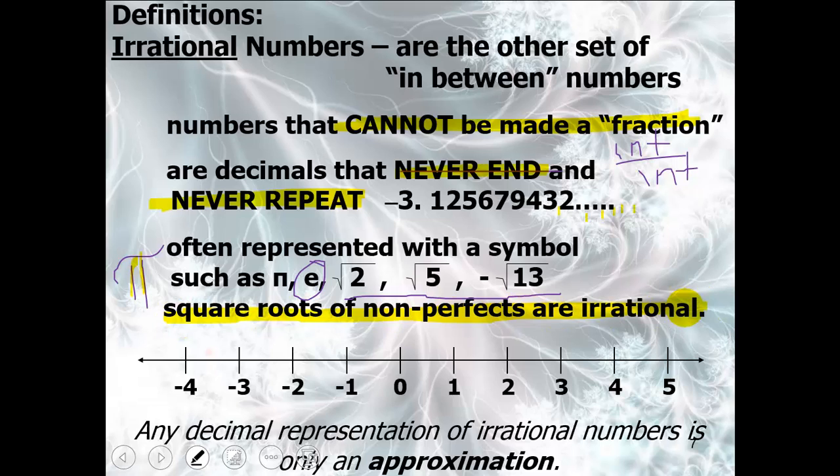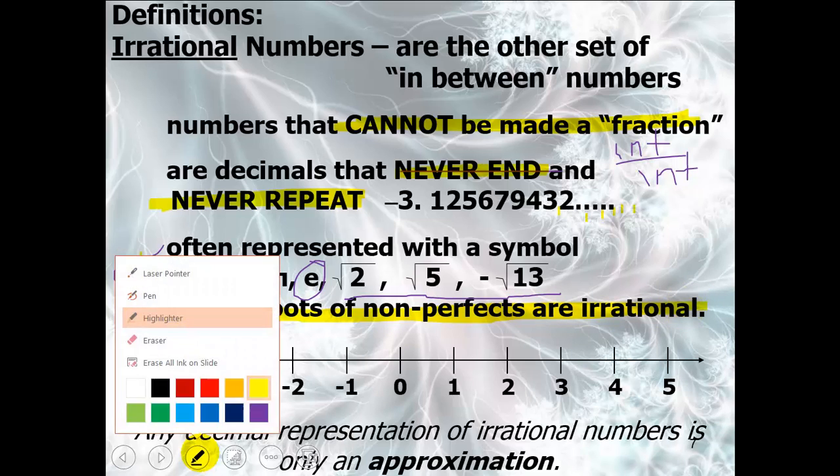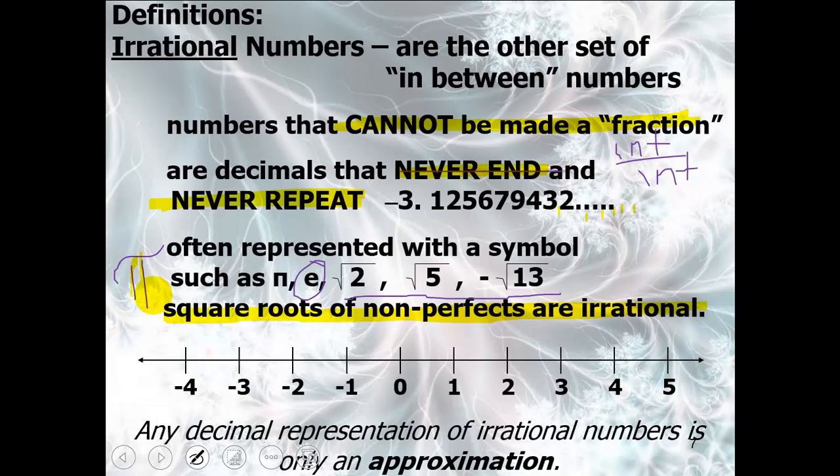If we were to graph these on a number line, pi is 3.14. So we would put a dot here. This would be pi. e is 2.71. So it's like here. This is e.